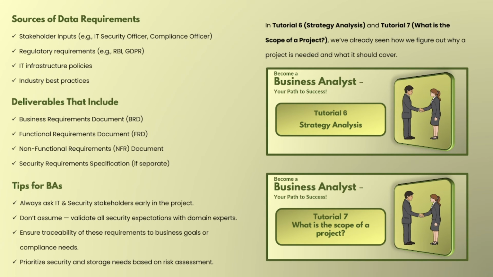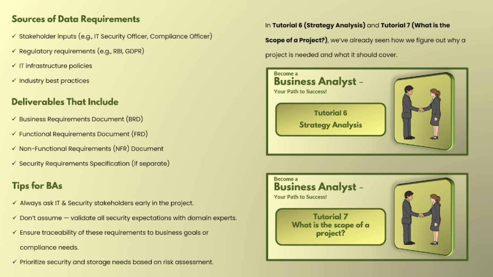Then IT infrastructure policies, then industry best practices. There are manuals too, and we refer to them. We collect the data requirements from all these sources to create proper data storage, data security, data elements, and data attributes, and provide them to the developer.